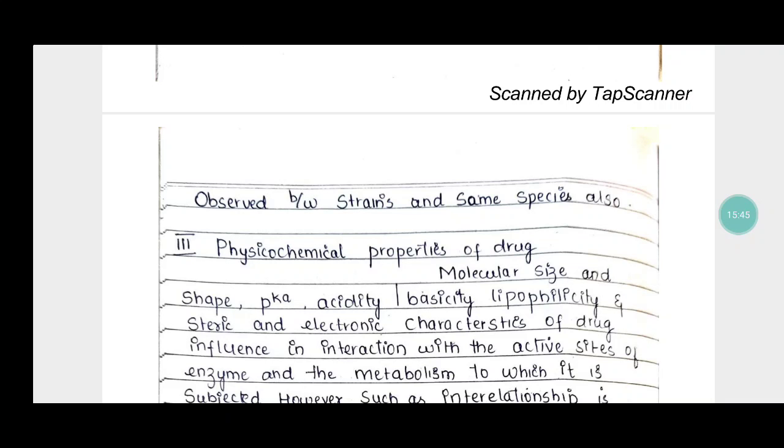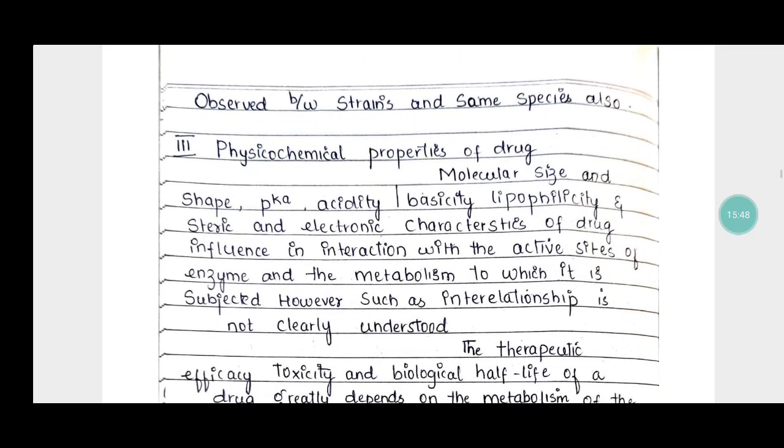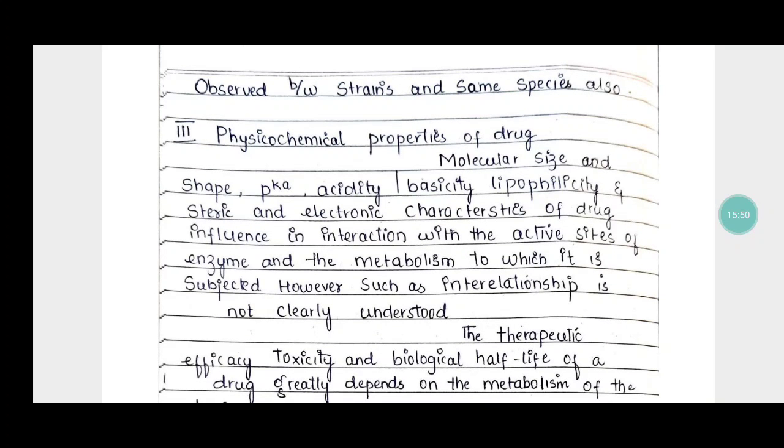Number three, physicochemical properties of the drug. Molecular size and shape, pKa, acidity, basicity, lipophilicity, and the steric and electronic characteristics of the drug influence the interaction with the active sites of enzymes which metabolize the substrate.